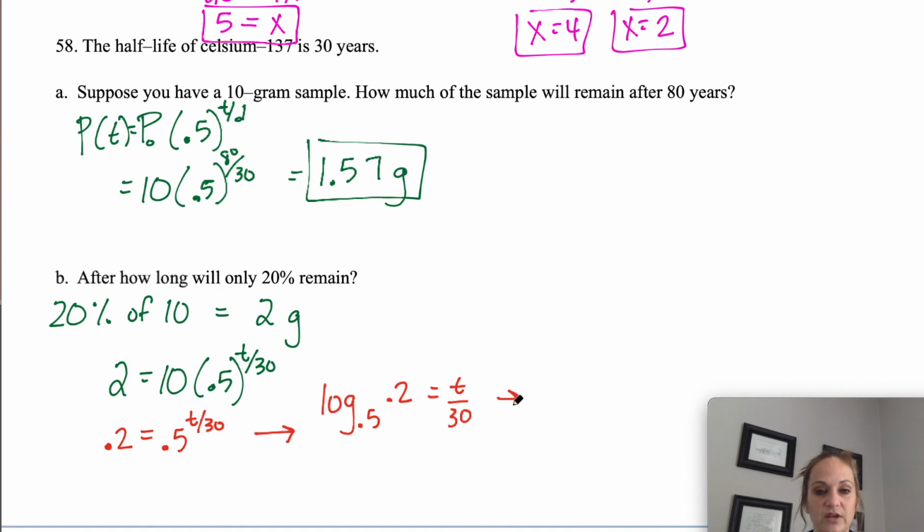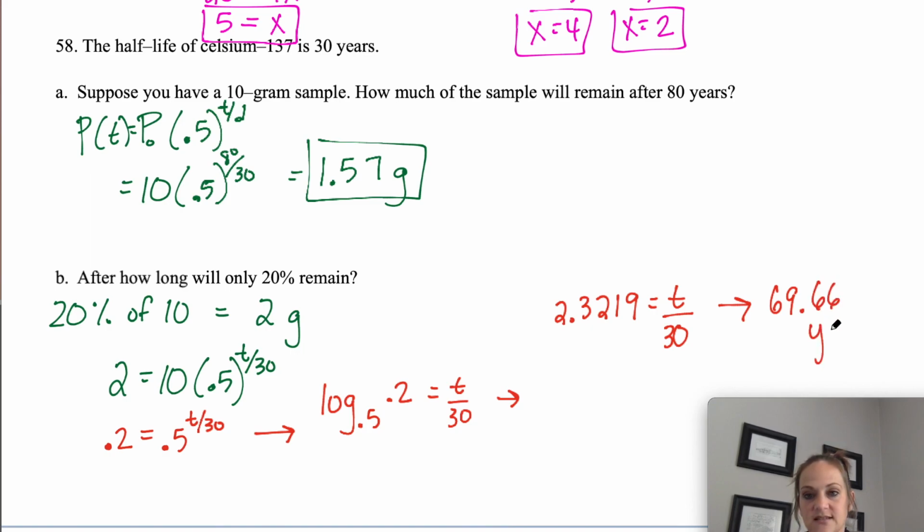So in your calculator, go ahead and find the left-hand side, and you will get 2.3219. And that's going to be equal to your time over 30 years. So multiply by 30, and you will get 69.66 years is how long, after how long 20% will remain.